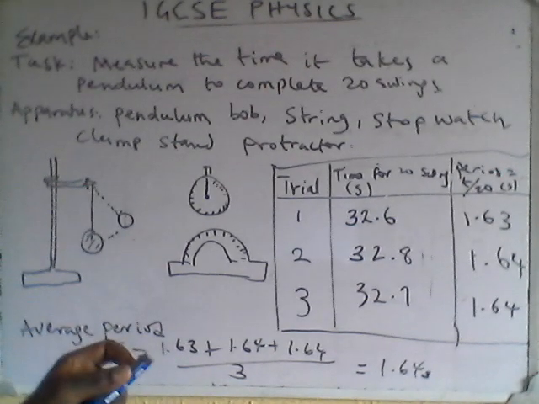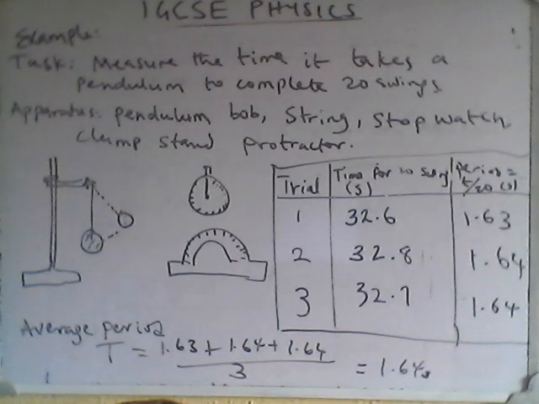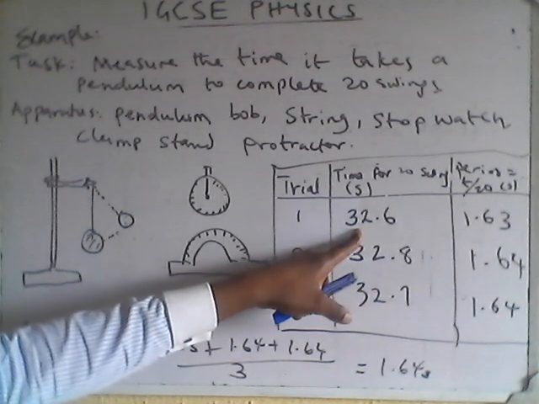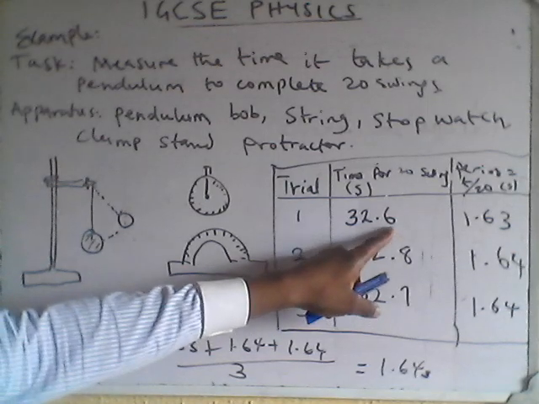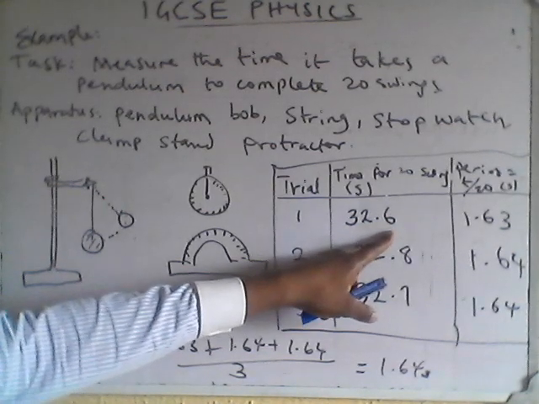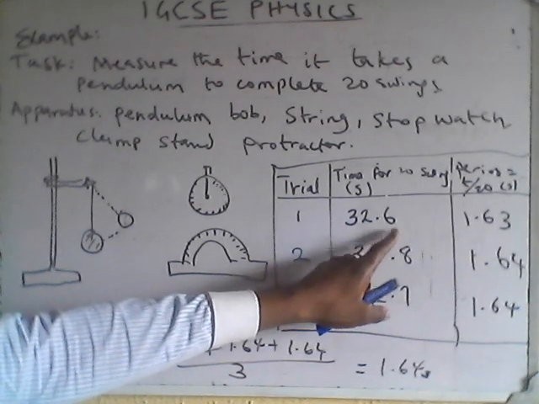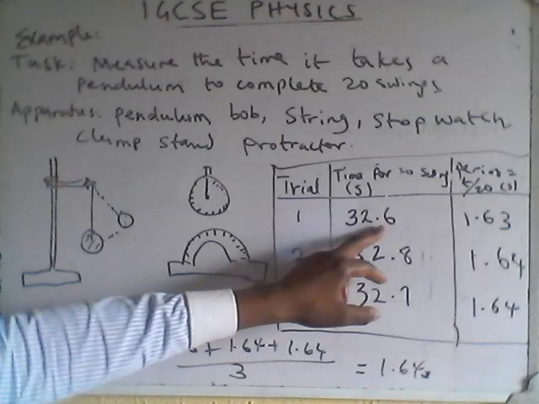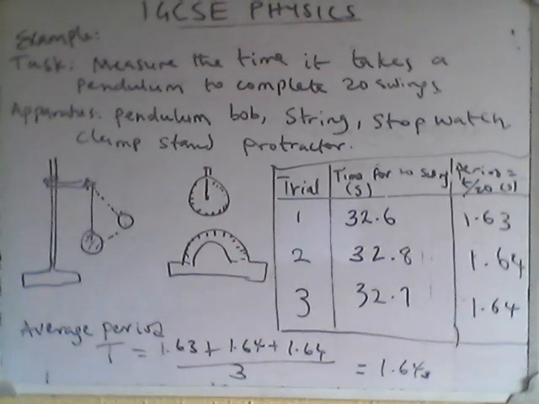I don't just write 32 here or 33. I can write 33 only if I have rounded it up, but no, I am using 32.6 because my stopwatch precision is 0.1.